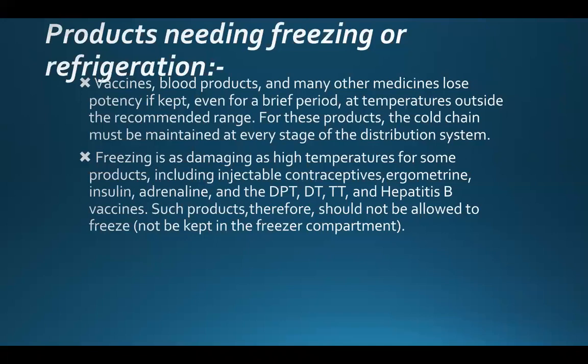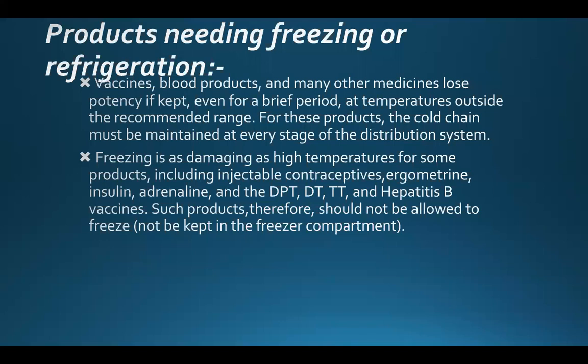If anyone has experience purchasing insulin, the pharmacist or pharmacy owner has to give you ice packs. They have to pack it in an ice pack so that when you reach home, it is not exposed to higher temperature. Then you have to keep it in your refrigerator. So if such products have to be transported, the cold chain must be maintained.